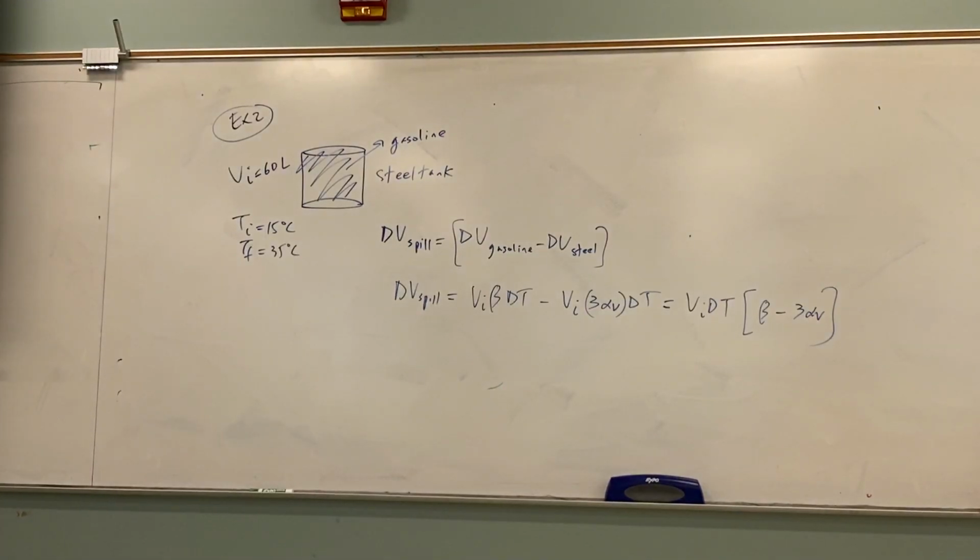Okay, so beta of the gasoline would be 950. Let's see where they're getting that from. Gasoline, let's see. No, it's not given. It wasn't in this table, but we could look at the other table.